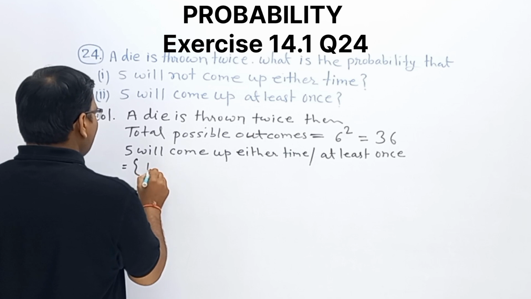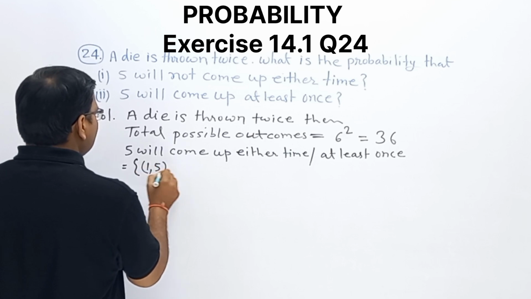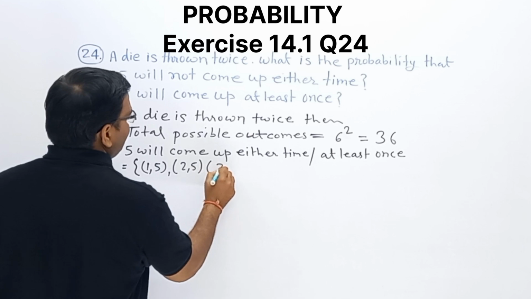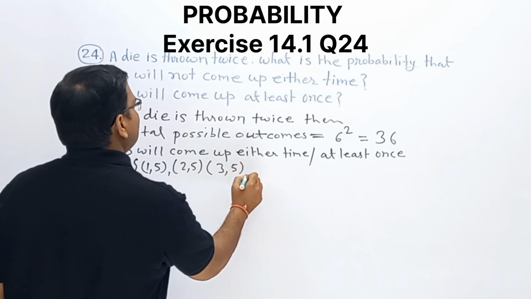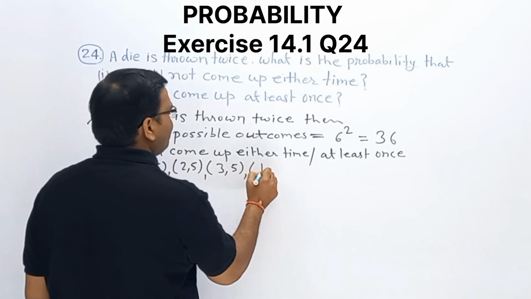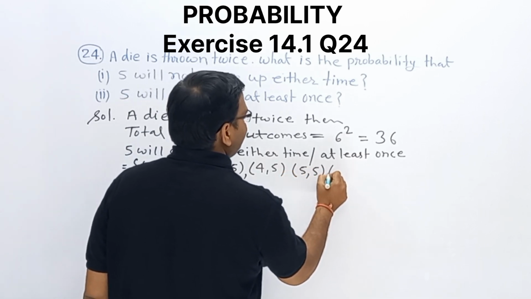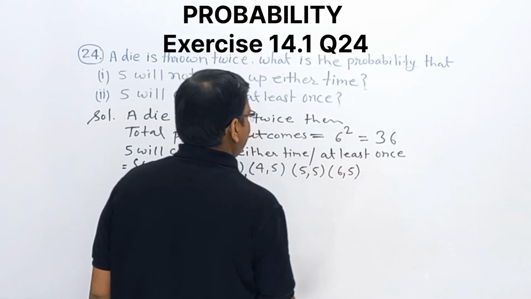First one 1 5, next 2 5, next 3 5, next 4 5, 5 5, 6 5.